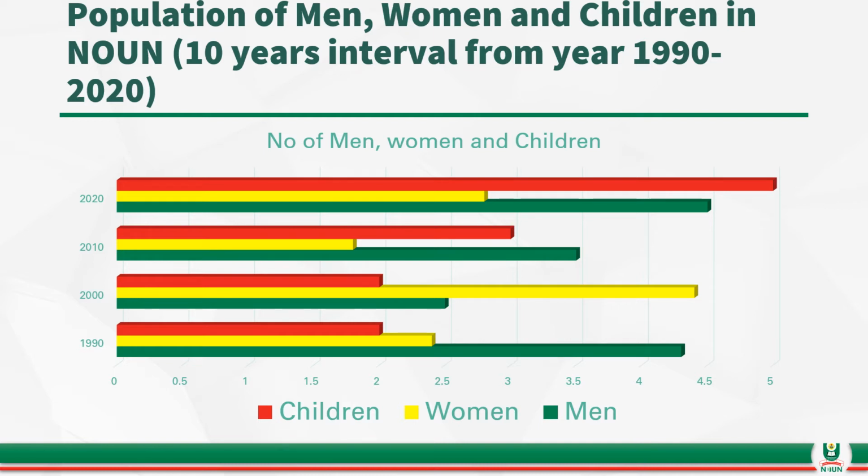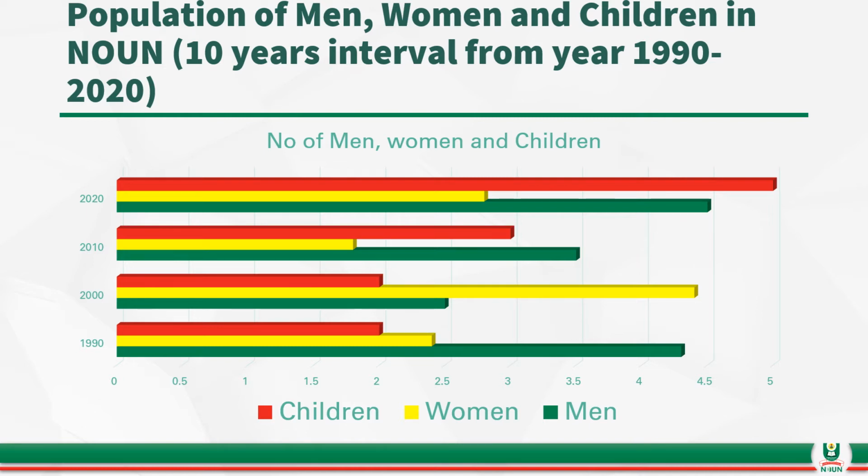So this slide talks about the population of men, women and children in National Open University of Nigeria in 10 years interval from 1990 to 2020. If you look here, you will see children are in red, women yellow, and men in green.